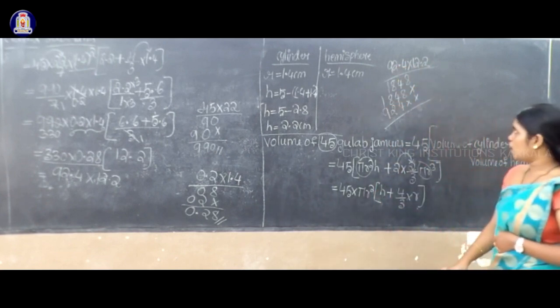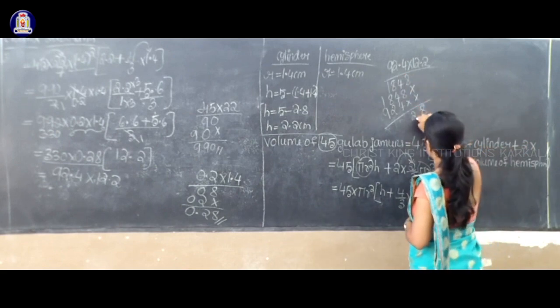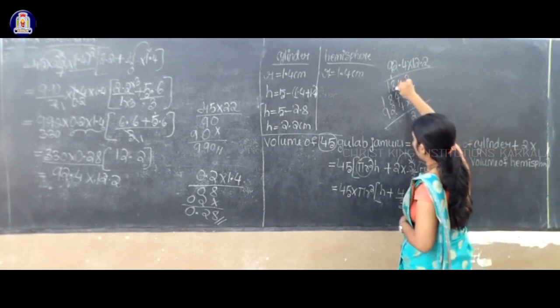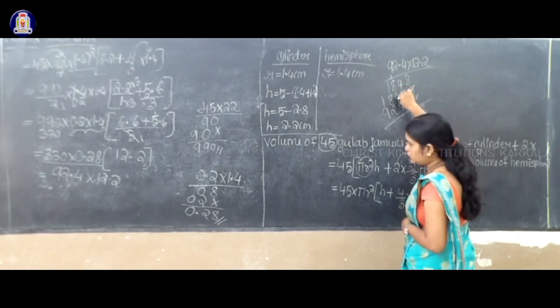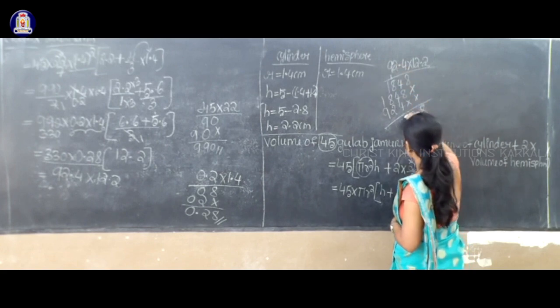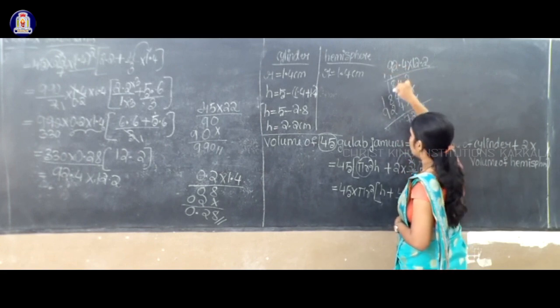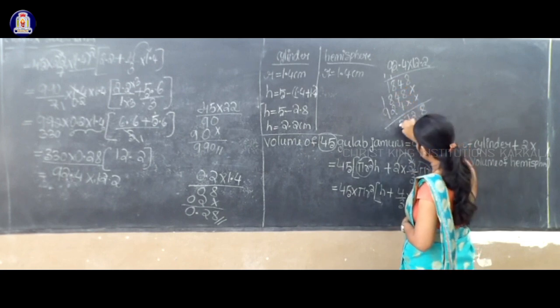Okay, so now 8, 8 plus 4 how much? 12. 1 carry, 4 plus 4 8, 8 plus 8 16, 16 plus 1 17. 1 carry, 2 10 12.